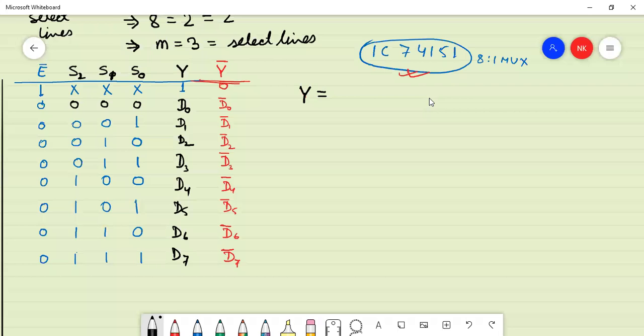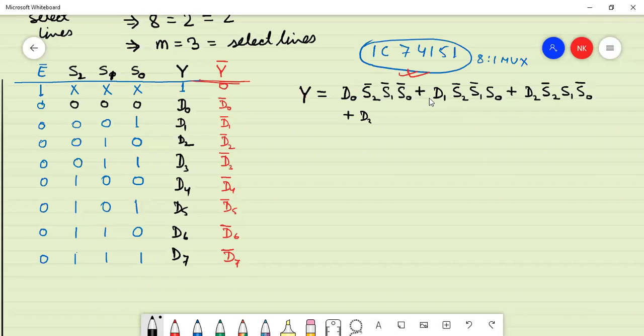We will have D0 for the combination of S2, S1 and S0 as 0, 0, 0, so S2 bar, S1 bar, and S0 bar. Again, for the second term, that is D1, we will have D1, S2 bar, S1 bar, S0, plus for D2, we will have S2 bar, S1, S0 bar.